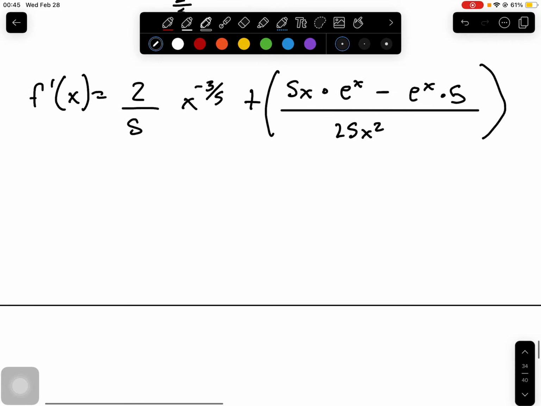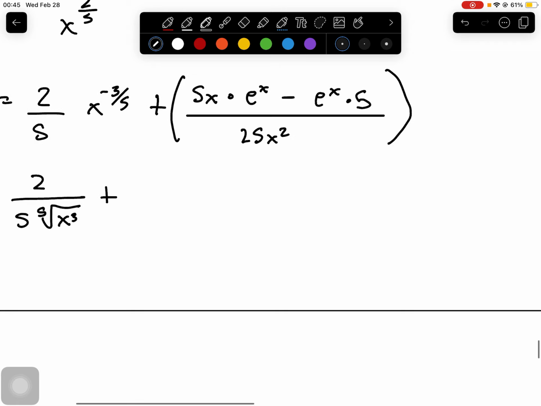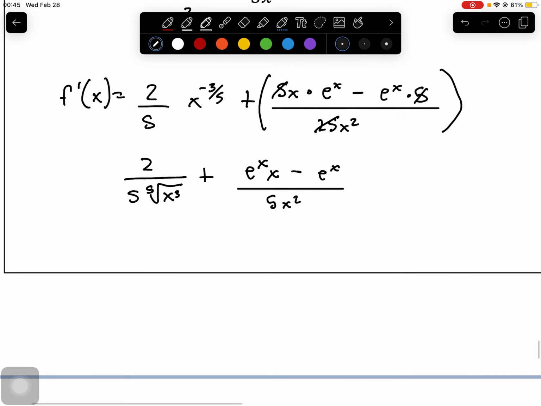And then now I'm just going to simplify all of this, which is going to be 2 over 5, this is going to be x to the negative 3 over 5, plus, let's see, in this case, your 25, 5, and this 5, they're all going to reduce. So we're going to get e to the x minus e to the x over 5x squared. And that's your answer.